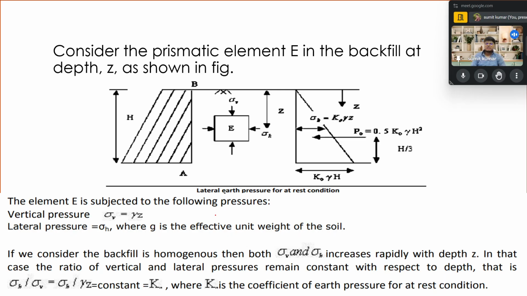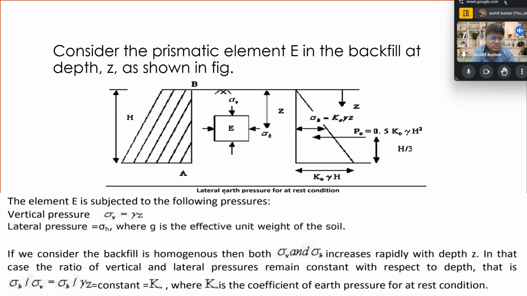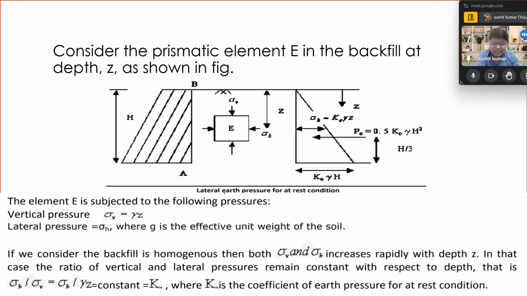I will explain one thing here with some drawings. Something is mentioned here which I think you need to understand. First, you see a section at depth z represented at a specific point. First of all, we draw the effective stress diagram.